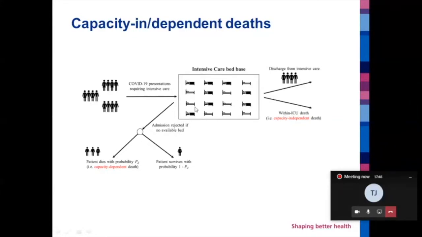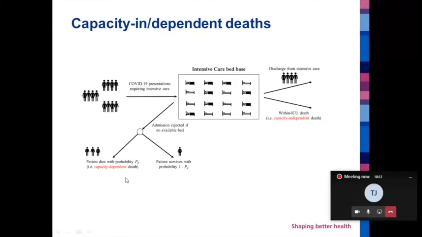On the other side here, if there is no bed available, then the admission is rejected, and the patient survives in the intensive care example with a very low probability, i.e. if they don't get the ventilated bed that they need in intensive care, evidence shows that there is not such a great chance for survival. And the more likely option is the patient would die if they cannot get that level of care. And this is the capacity dependent death we're talking about here, whereas we can see the death within hospital is the capacity independent death.